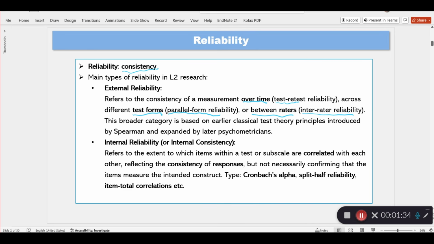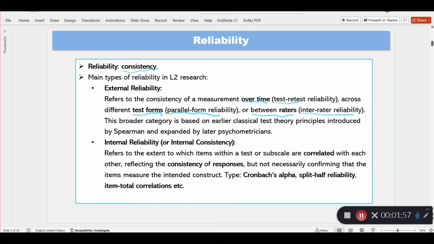So these are broader categories which are subsumed under the classical test theory, and this was a concept that was proposed by scholars such as Spearman, but also other psychometricians.